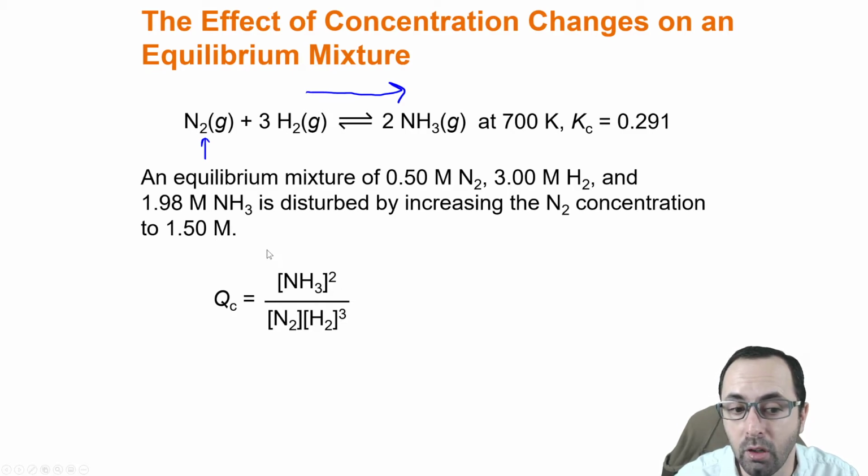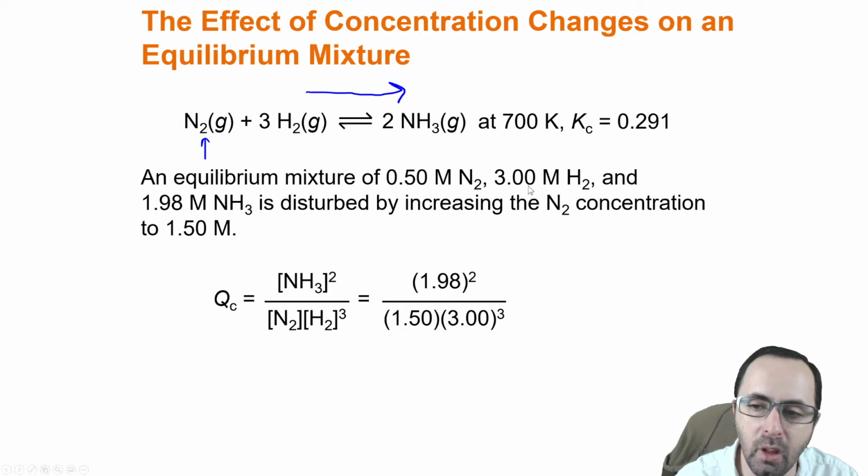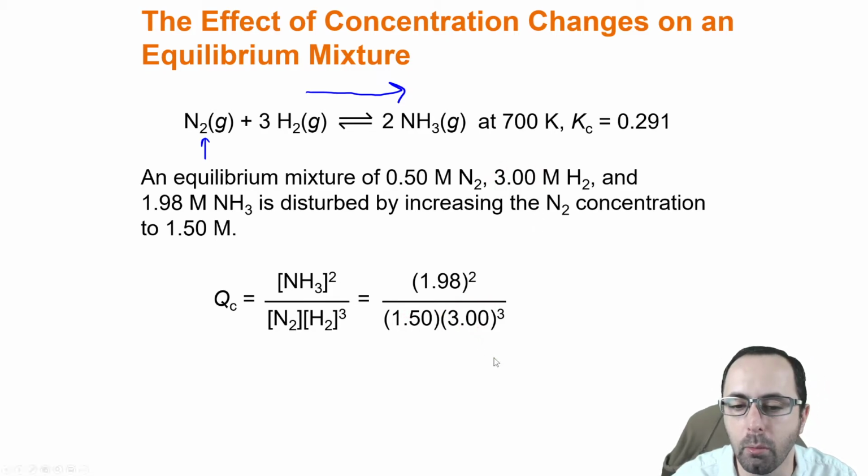The concentration of ammonia didn't change. It's still 1.98 molar, and we square that. But the concentration of nitrogen did change. At equilibrium it was 0.5 molar, but now it's 1.5 molar. So we put that in there. And the hydrogen is still 3 molar.